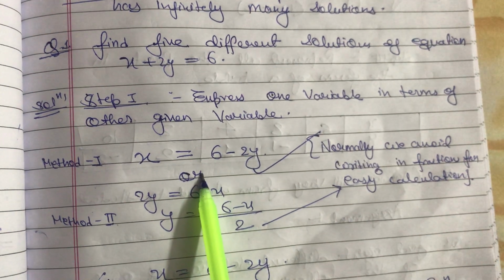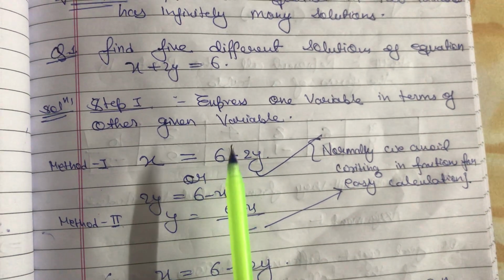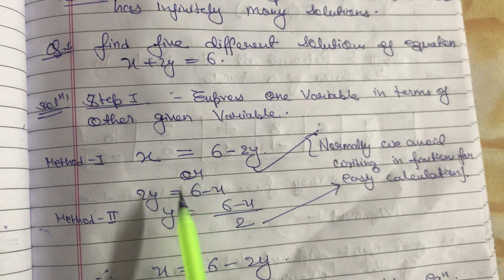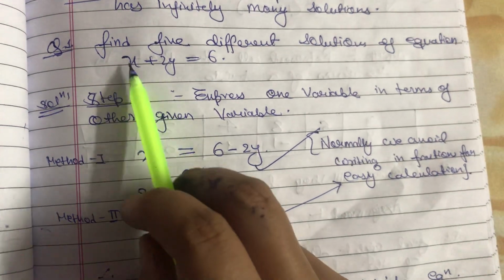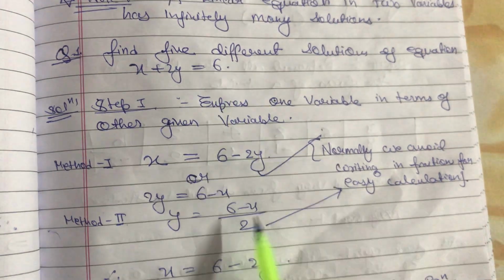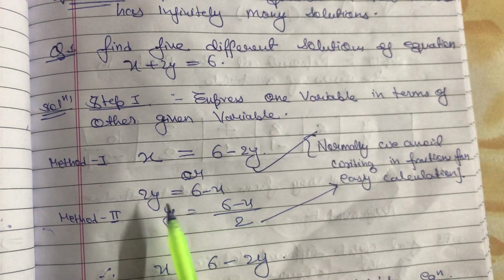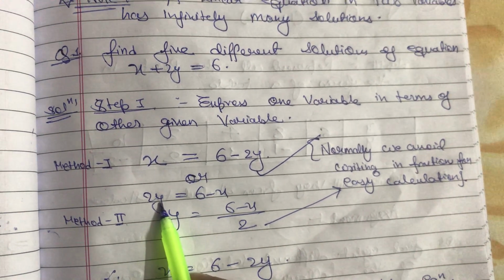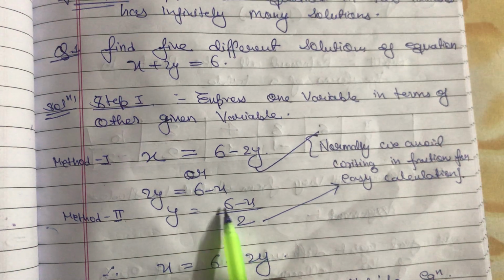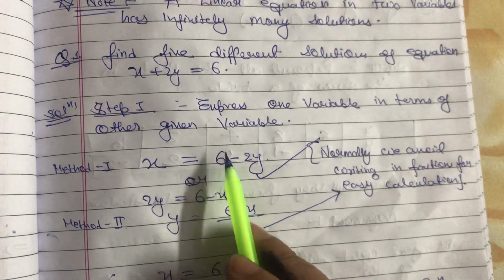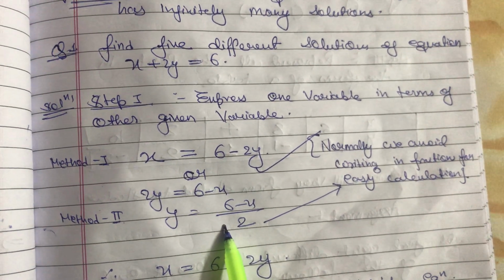And the second way is I can write y in terms of x. I shift this x to the RHS side, it will become 6 minus x. Then here I have 2y, so the value of y will be divided by 2. So both the ways are correct.